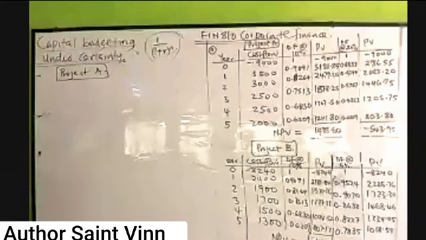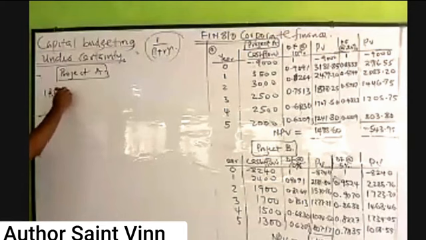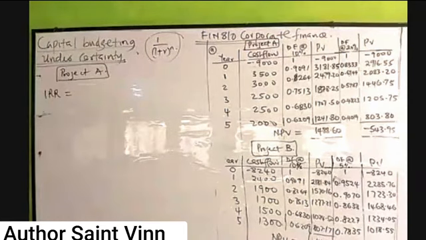Like now, let's look at project A. Project A has a positive and a negative, so we can get IRR. This is the internal rate of return. Our initial percentage here is 10%.